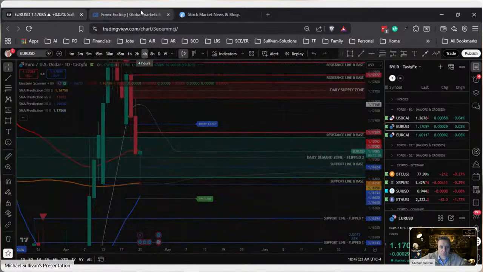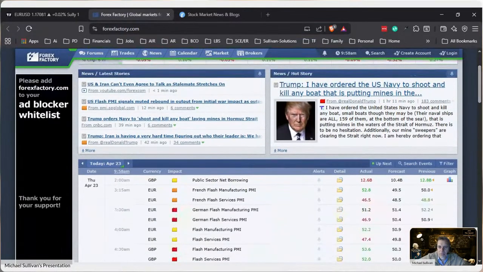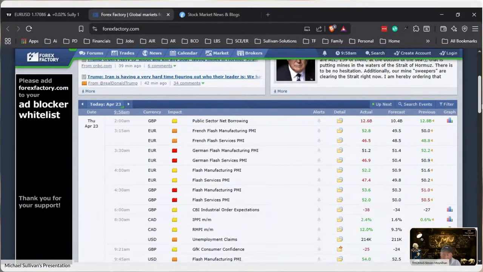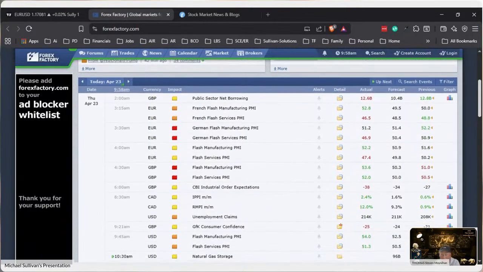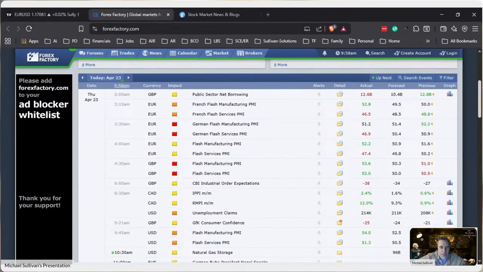Quick check on the news. No, that's interesting. Makes sense, huh? If the boats are putting mines into the Strait of Hormuz, that's not good. That could hurt a lot of people. They've already mined it. They're not putting new ones out. Right. They already put enough in. But don't we have drones now that can go and search for them and take some of them out?